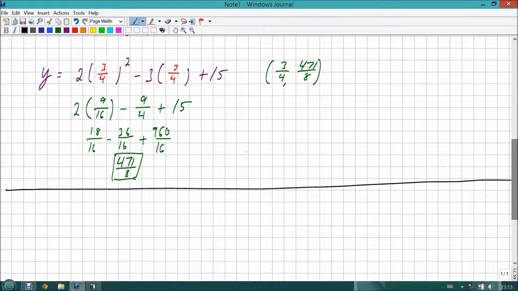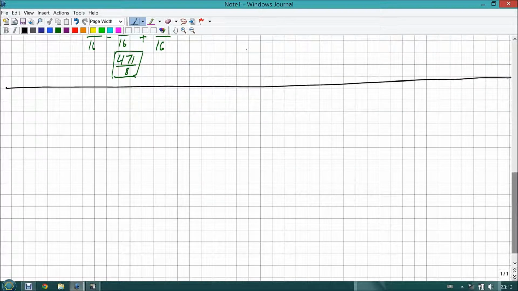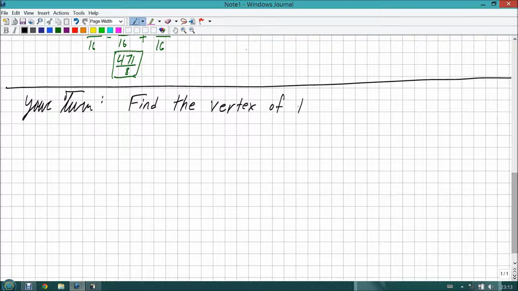So now it's your turn. I want you to find the vertex of the following. And they're going to be really short and simple.